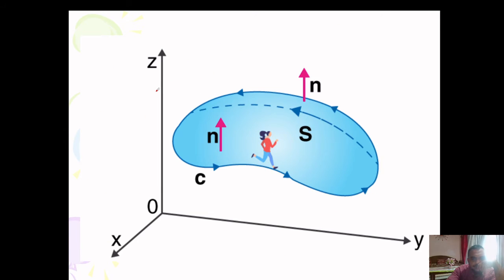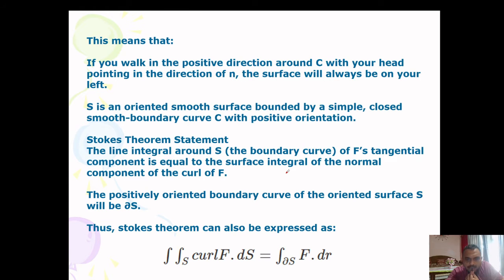See here, the surface is on my left, if I walk along the boundary of this surface in the direction of this arrow. So what is S? S is an oriented smooth surface bounded by a simple closed smooth boundary curve.